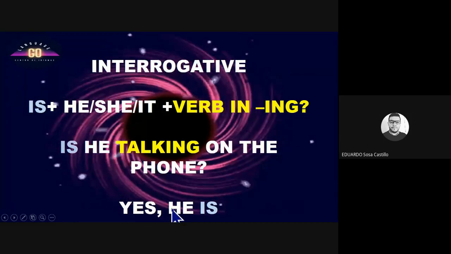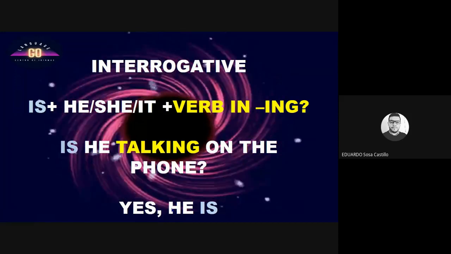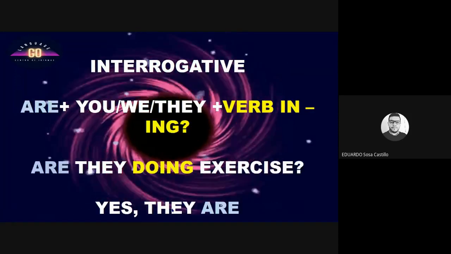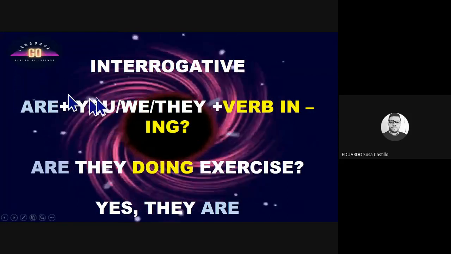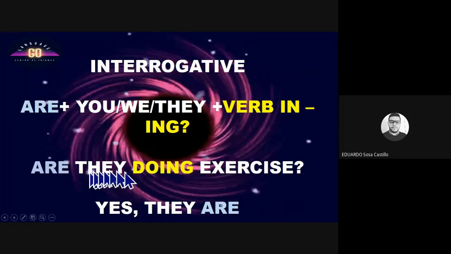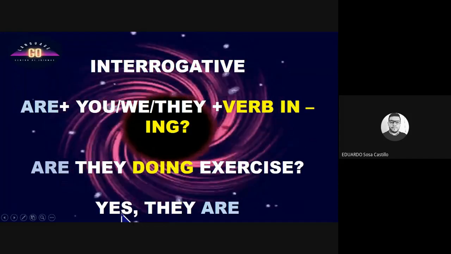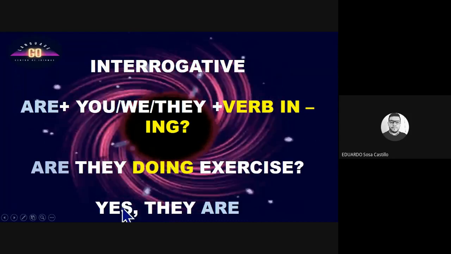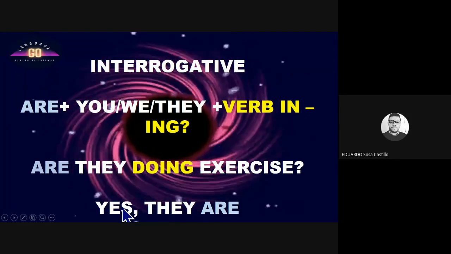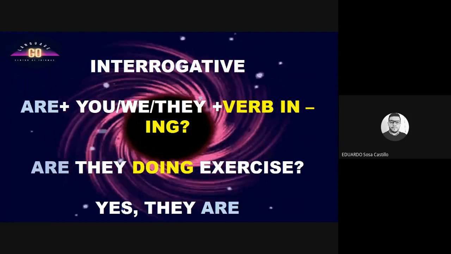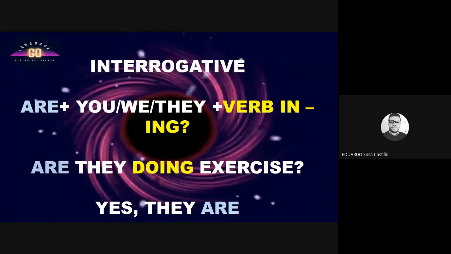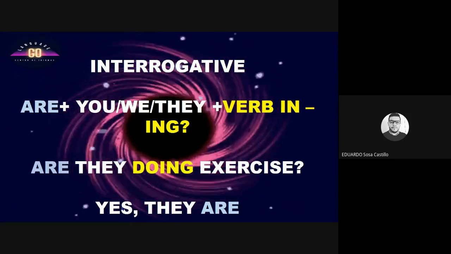No, he isn't. The answers are very simple. And then we have now the pronouns you, we, and they. We have, are they doing exercise? Yes, they are. Or no, they aren't. Here are my possible questions. So pay attention, girls, because I'm going to start asking you questions.